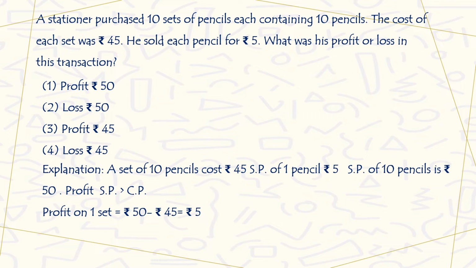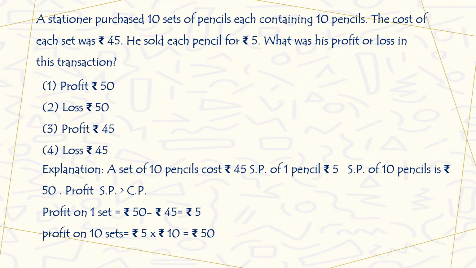So as it is a profit, you should know in profit what do we do? Selling price minus the cost price. So profit on one set will be 50 rupees minus 45 rupees, which is equal to 5 rupees. So profit on 10 sets will be how much? Question ध्यान से पढ़ेंगे.